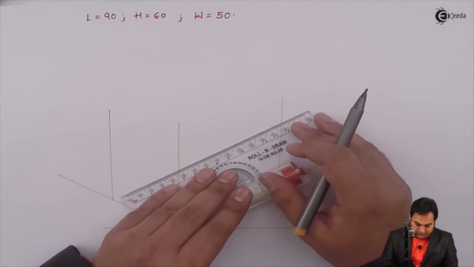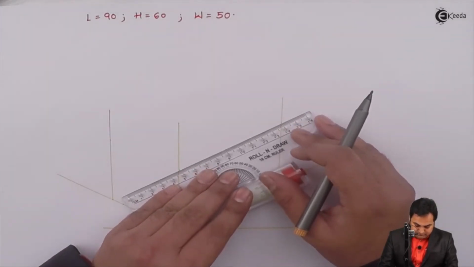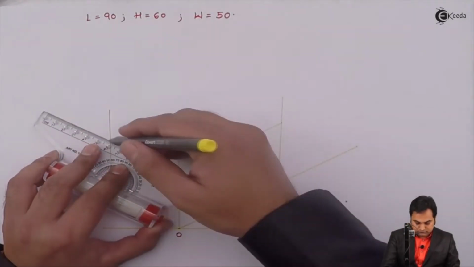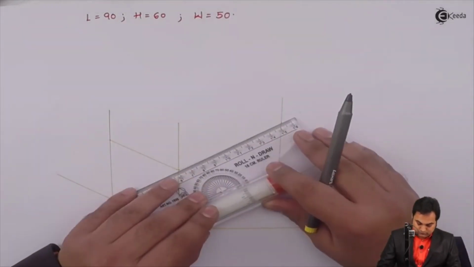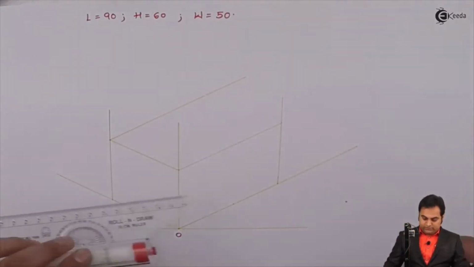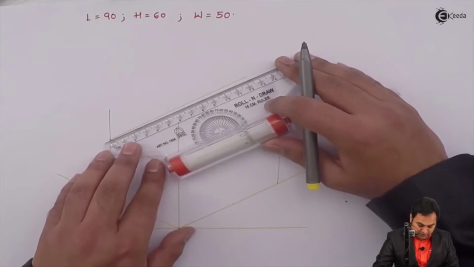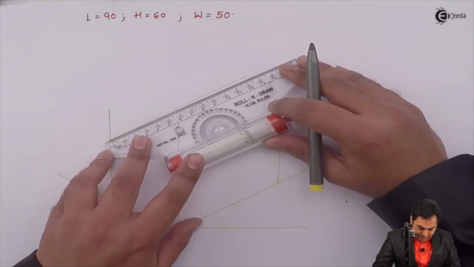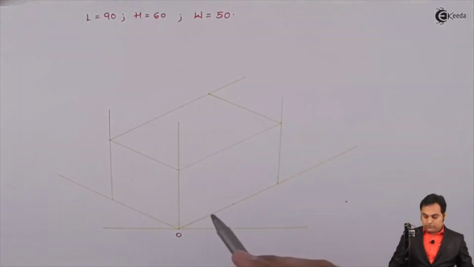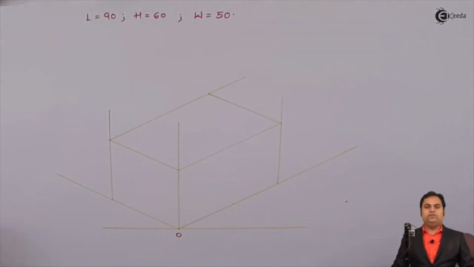Joining these points with the help of light lines. Drawing a line parallel to the length. Next, over this also I'll mark the length, which is 90 mm. So here is the rectangular block inside which I should draw the complete object.